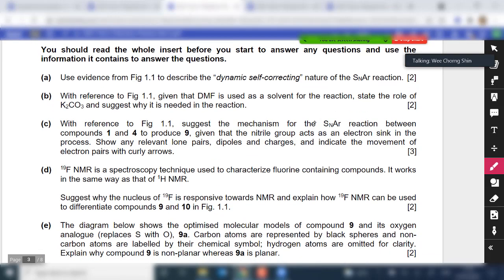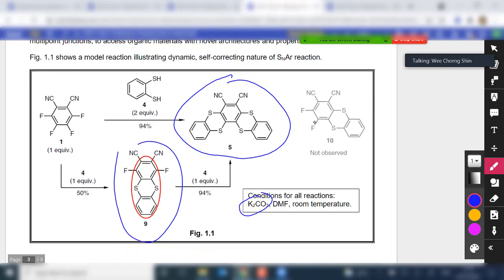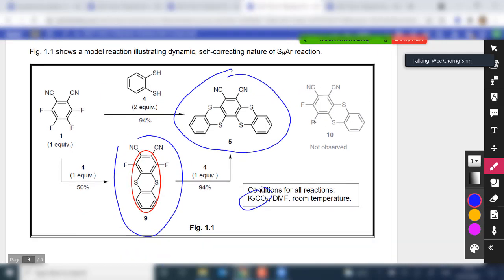Okay, part A is interesting because they ask you what is the essence of dynamic self-correcting. Then when you read through this, what can you tell? This part is also a bit difficult to mark because a lot of times we get a lot of answers, and we don't know where to draw the line.